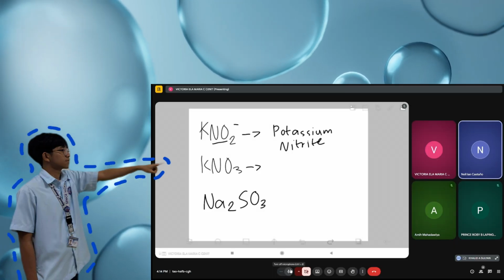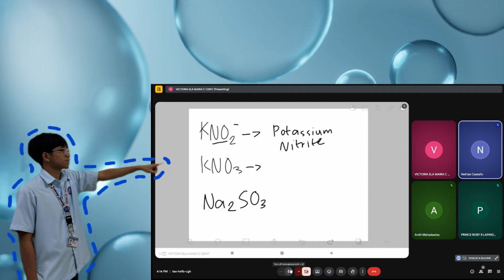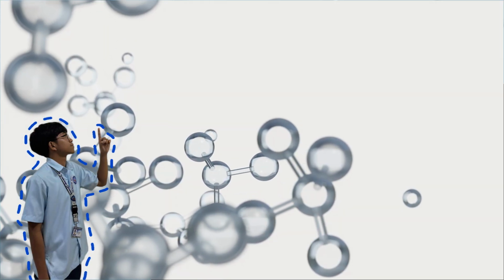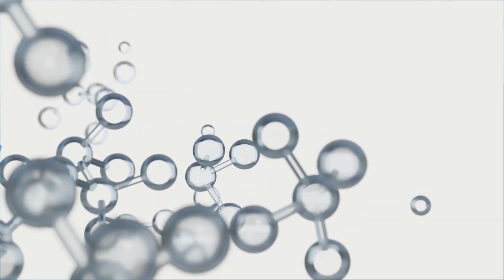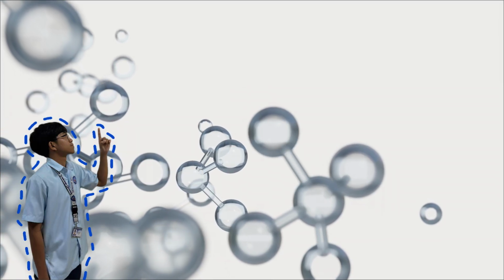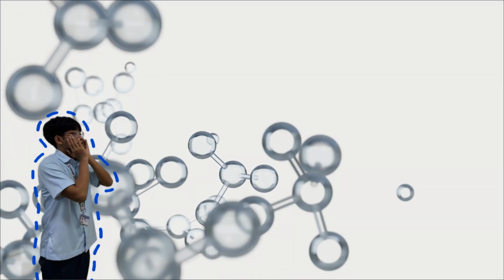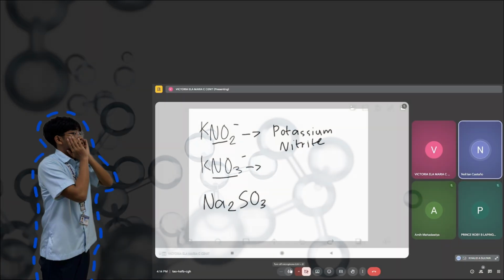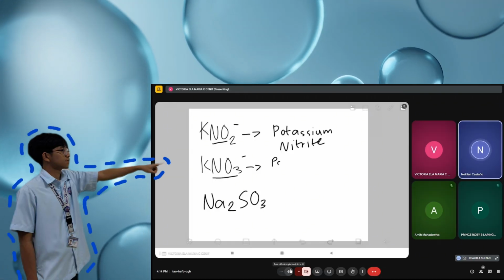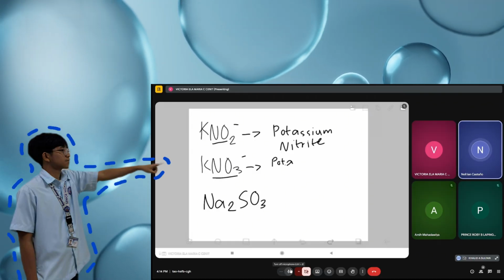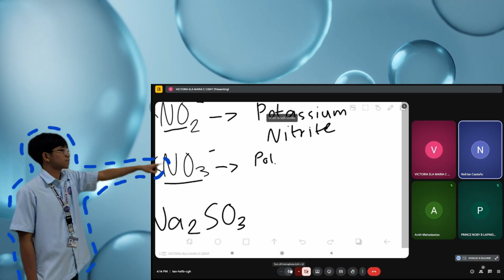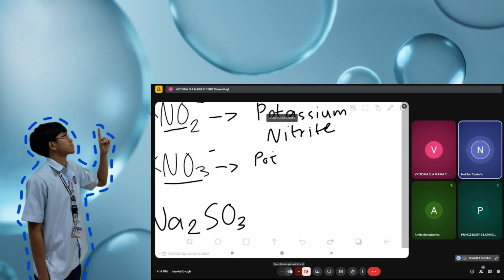Now, for the second example, KNO3. The polyatomic ion is NO3 negative, which is nitrate. Same central atom, but more oxygens, which is ate. The metal is potassium, which comes first, followed by the polyatomic, which is nitrate. And the name will be potassium nitrate.